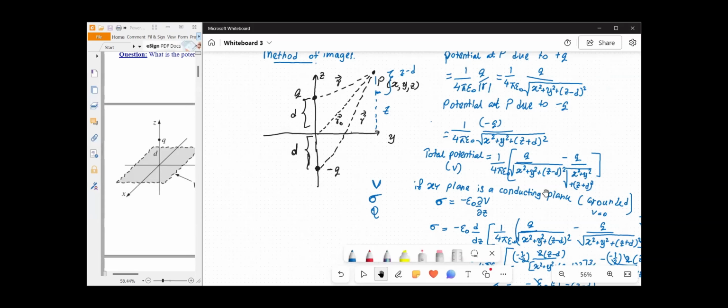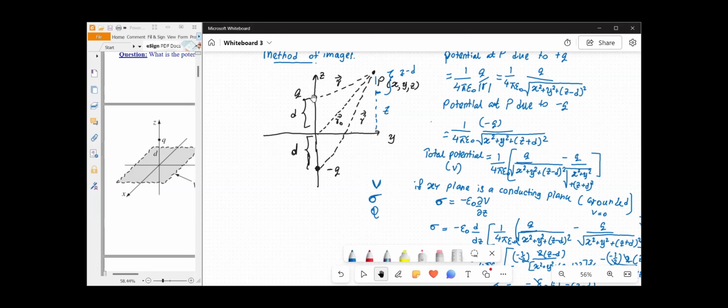So these two terms cancel out and the potential will be 0. Therefore, in this situation, the xy plane will act like a grounded conducting plane because of the potential here.